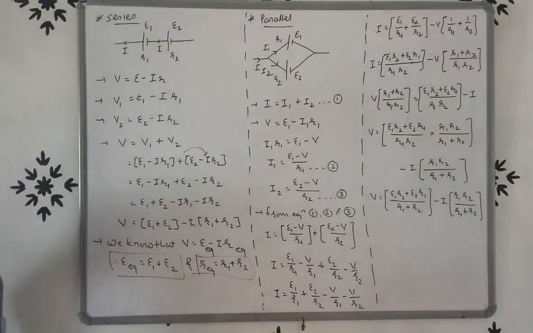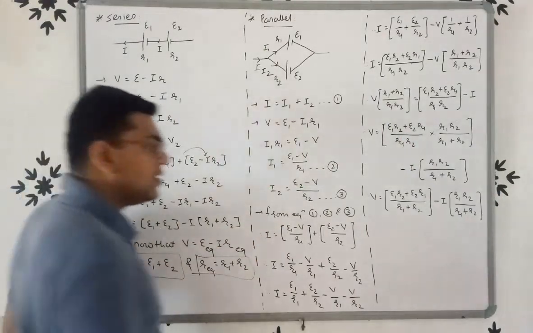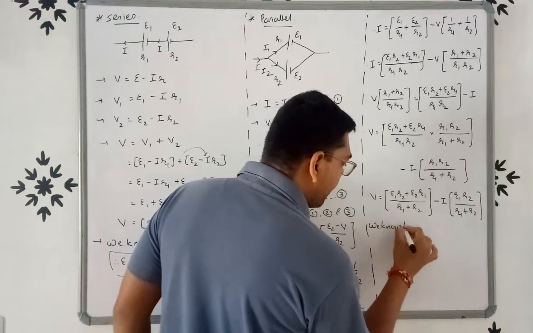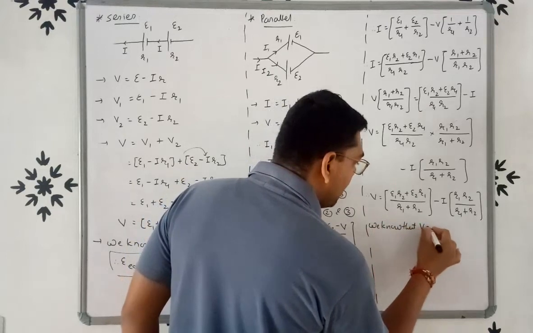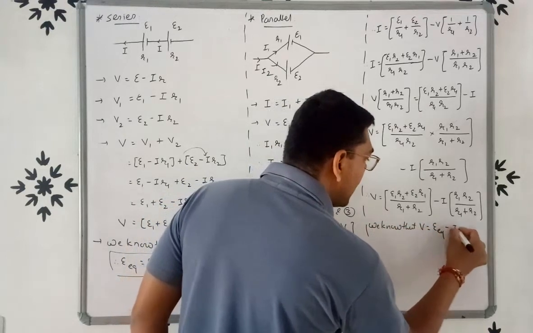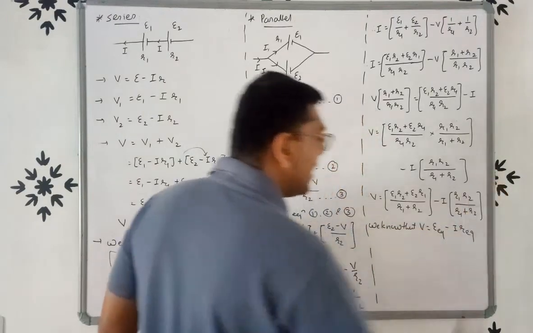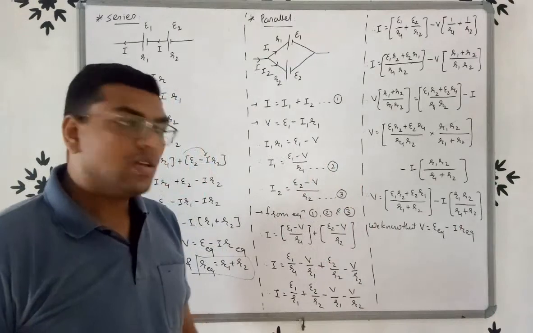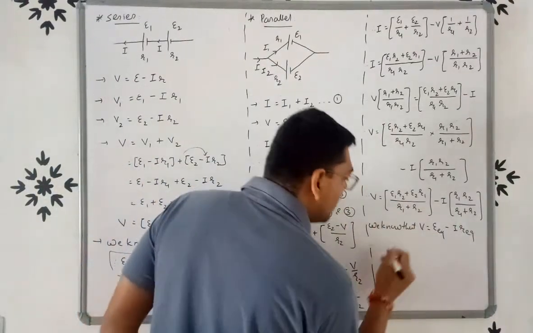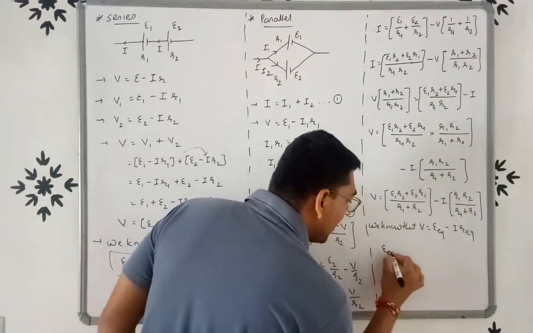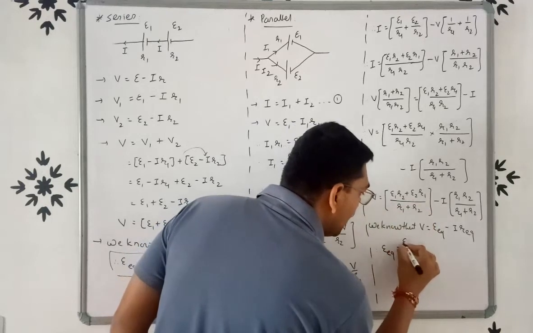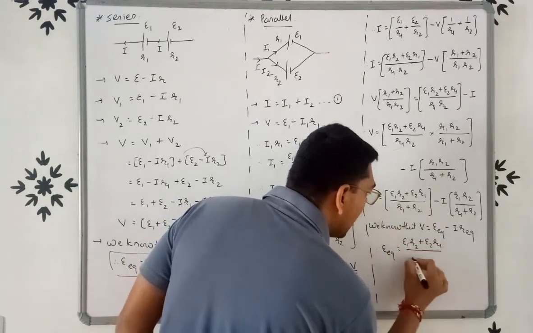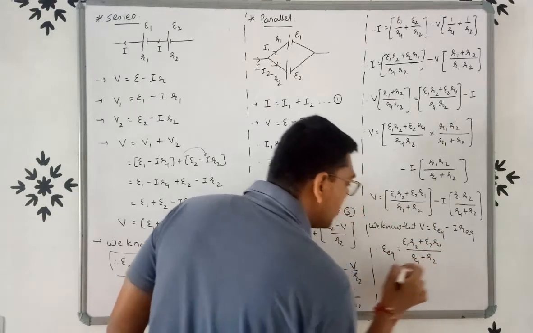Now we have to compare this equation with the known equation of V: V is equals to E equivalent minus I R equivalent. So we have to compare these two equations. By comparing, we get E equivalent is equals to E1 R2 plus E2 R1 upon R1 plus R2.